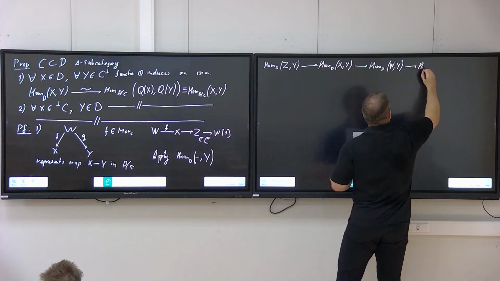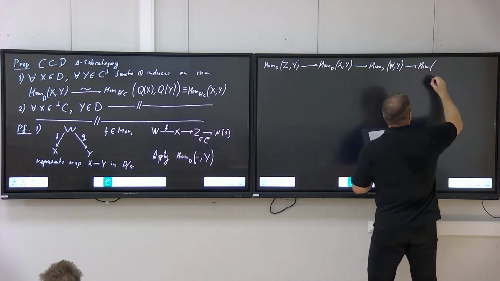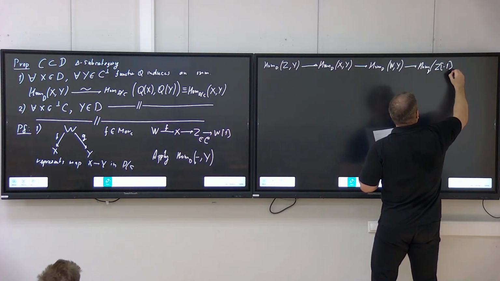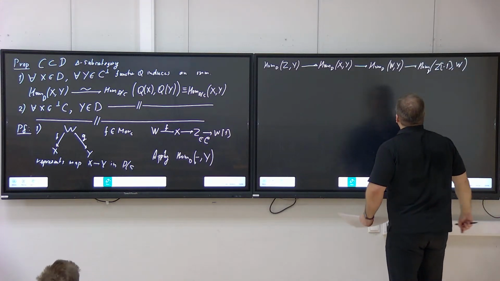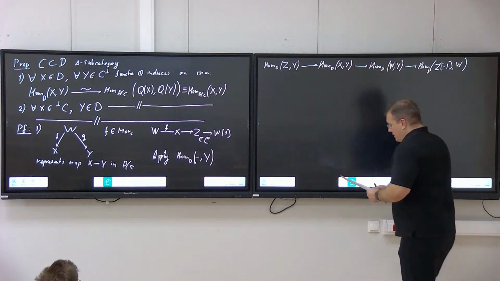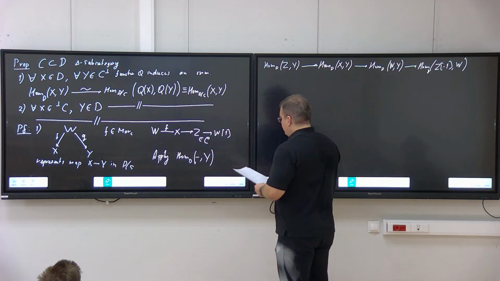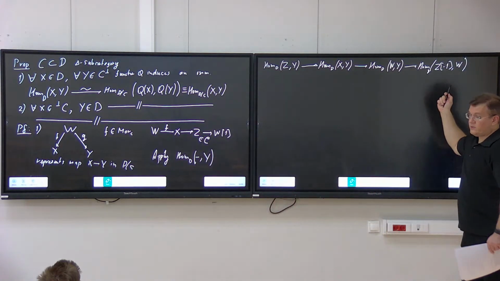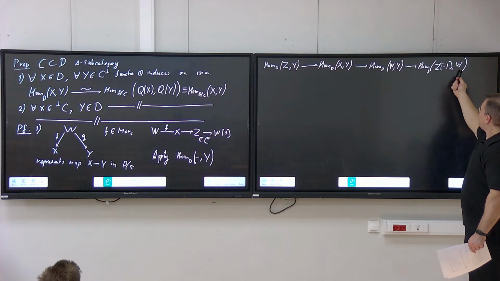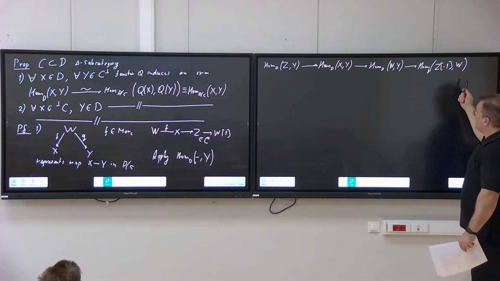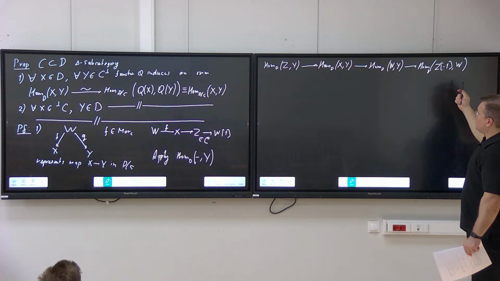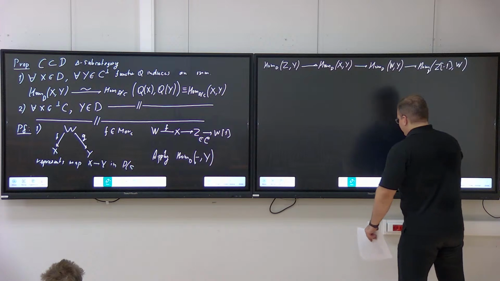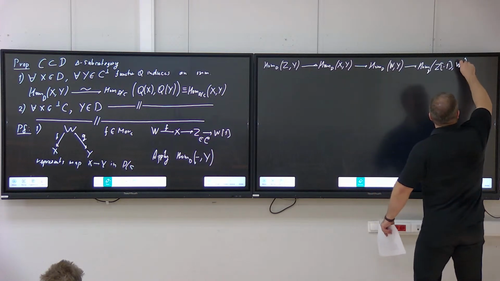And finally, the last term that I need in this sequence is Hom in D between Z shifted by -1 and y. Can I rewrite this last term in this form? No, because I'm supposed to write Z, W shifted by 1, but I can move the shift. Sorry, that's why, yeah, sure. This is just a silly mistake.